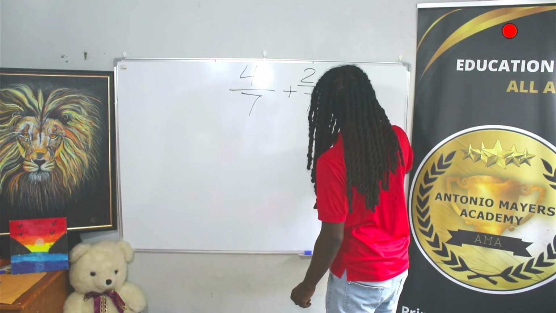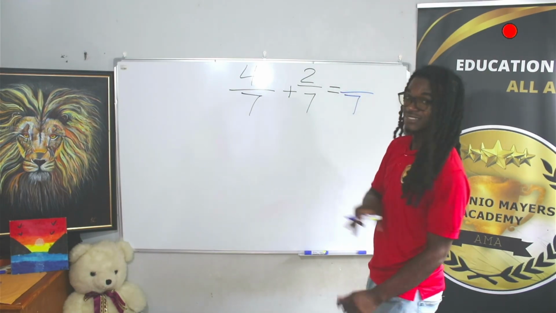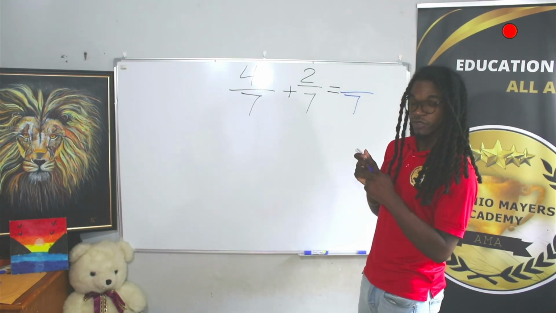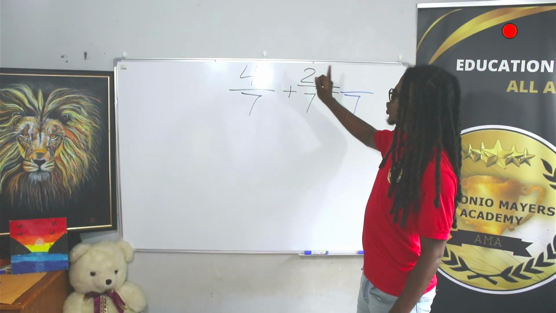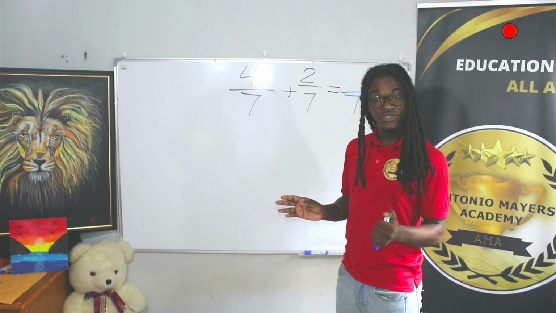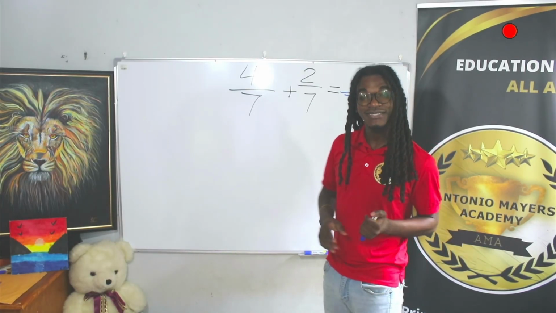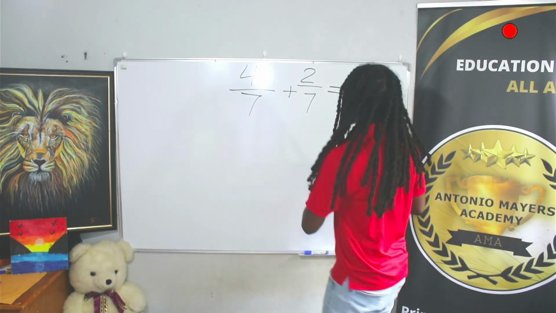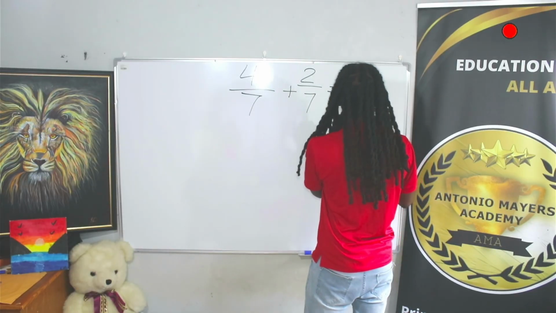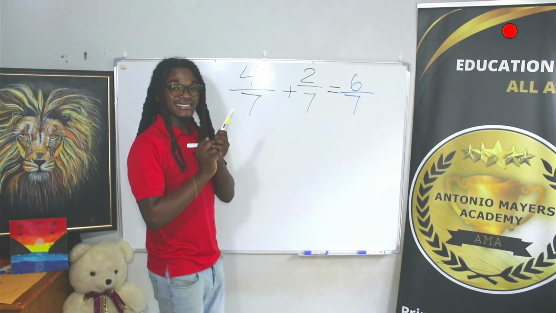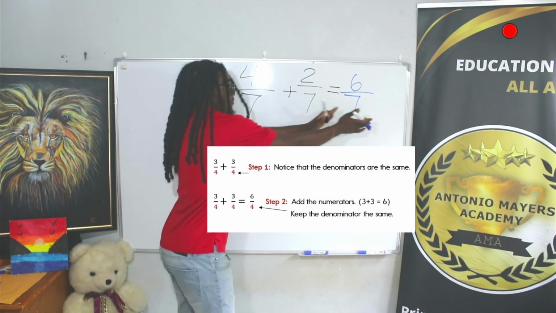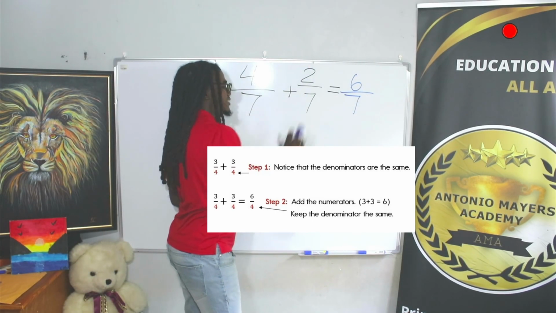Once the denominator is the same, we put it here one time, 7. And then now we look at the numbers on top. 4 plus 2. 4 plus 2 is how much? 6. So the answer would be 6 over 7. So when the denominators are the same, you keep the denominator and you add the numerators.